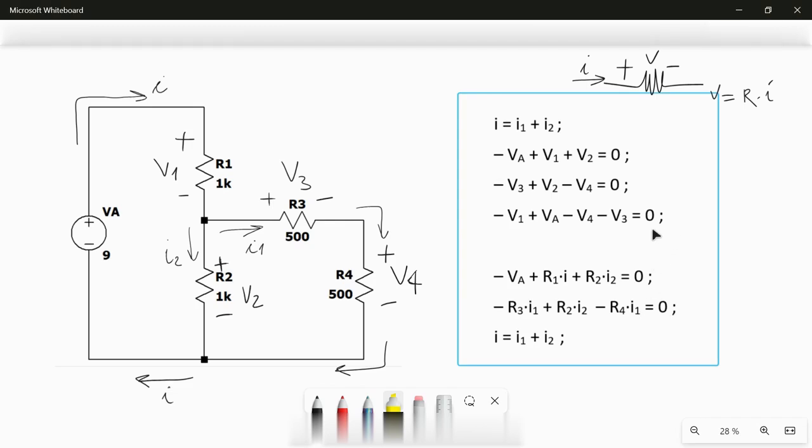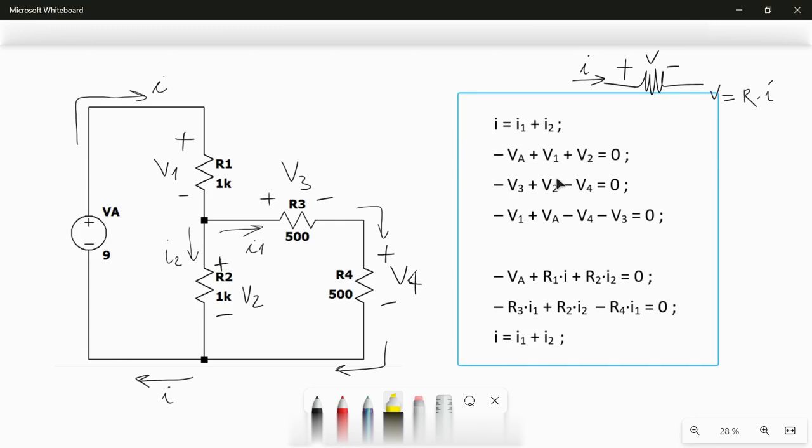I will not use the third equation because it's redundant. I can see that this equation is actually the second one minus the first one. So let's see this. We have here minus V3, minus V4, and plus V2, minus the first equation, minus V2.